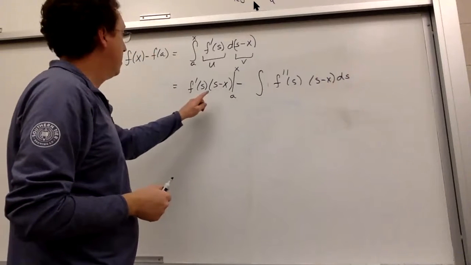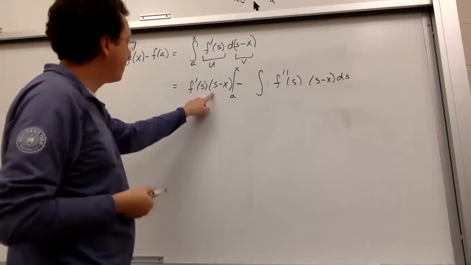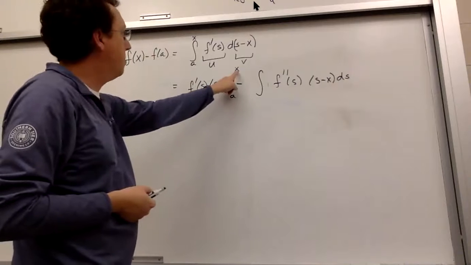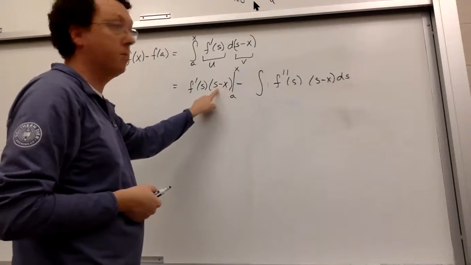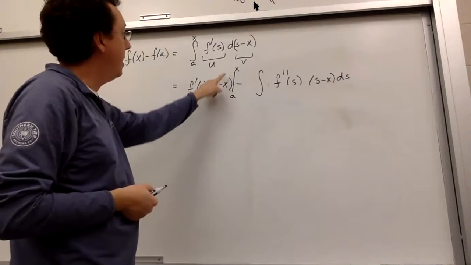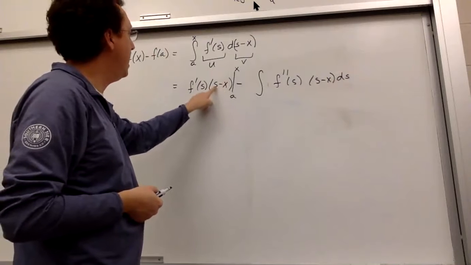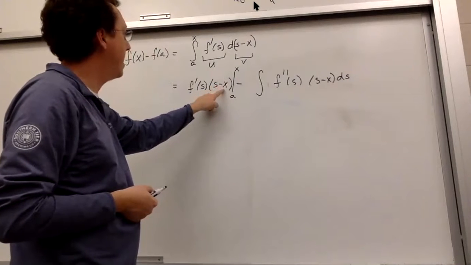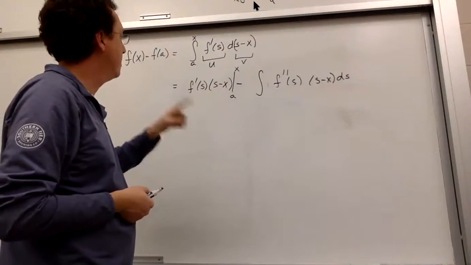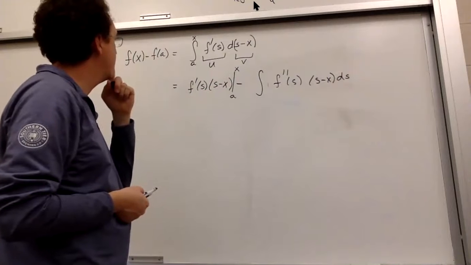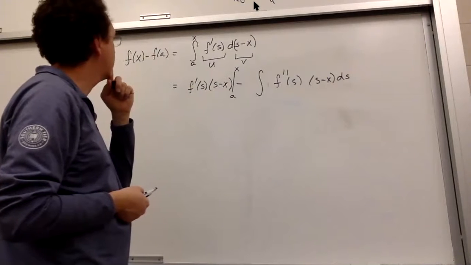Okay. Now, this term, look what it gives me. At the upper limit, this factor gives 0. At the lower limit, it gives me a minus x.